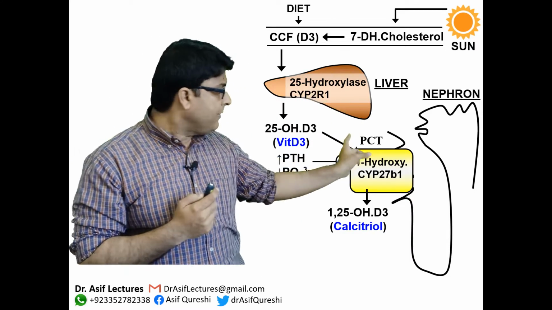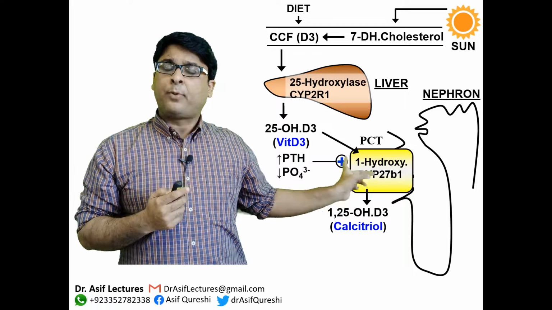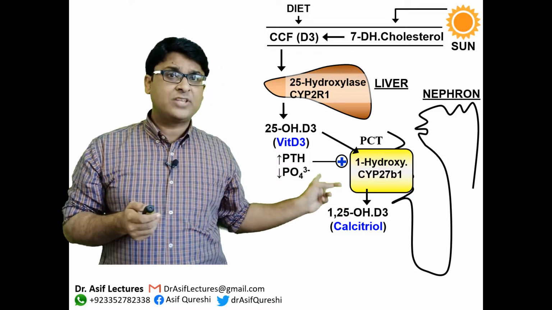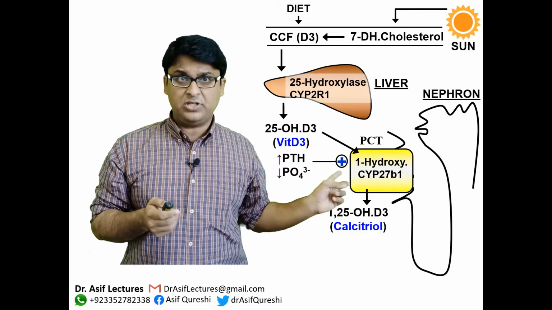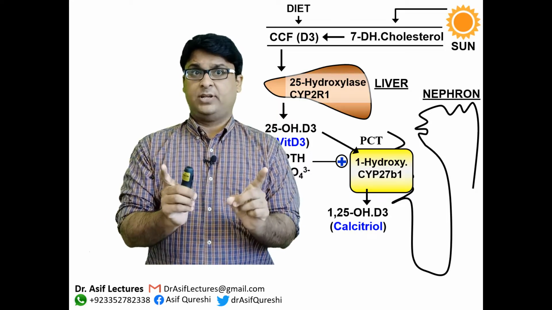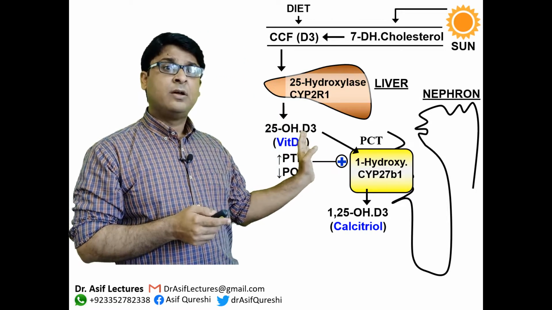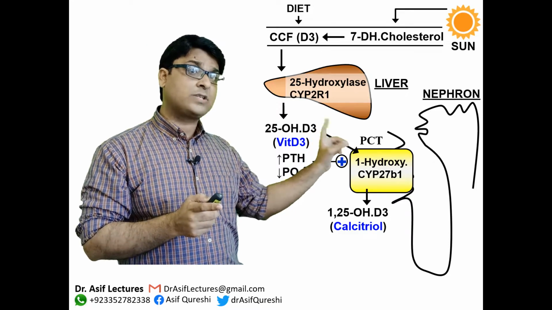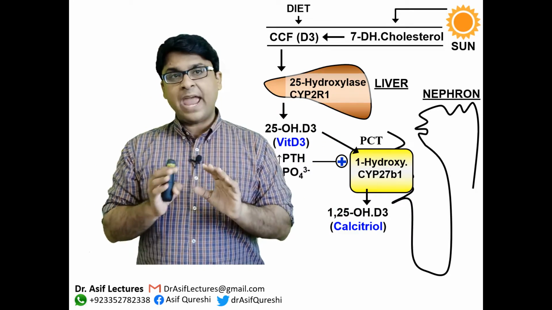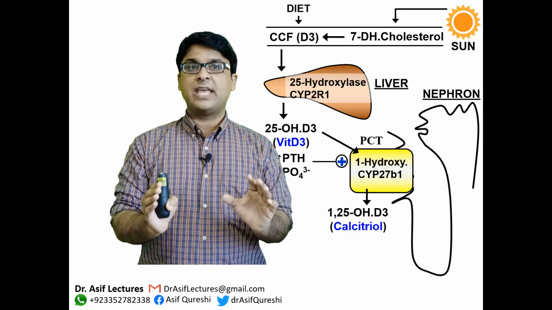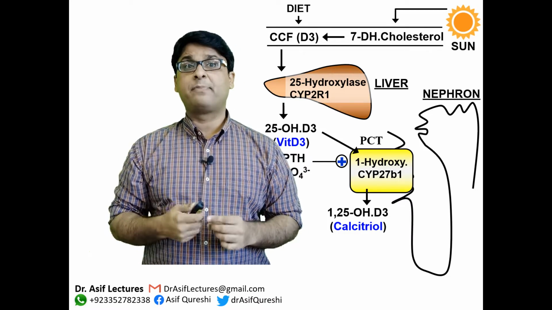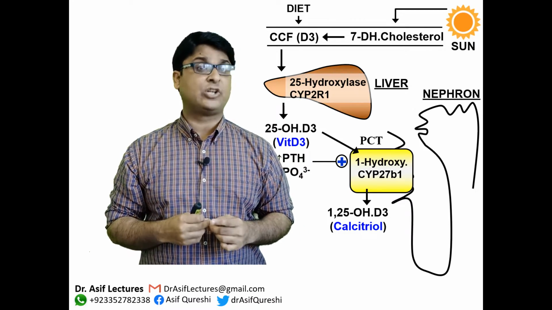Now, it is very important to remember that proximal convoluted tubule associated hydroxylation of vitamin D is very well regulated. It is enhanced by high PTH, and it is also enhanced if the phosphate levels are low. We have discussed this in detail in another video that I prepared on parathyroid hormone and calcium regulation.